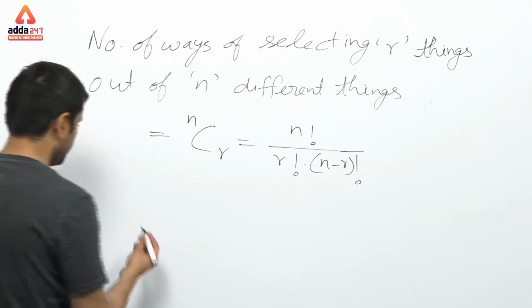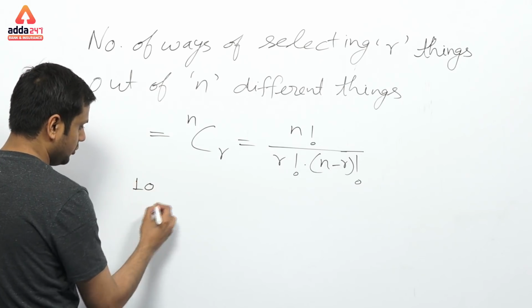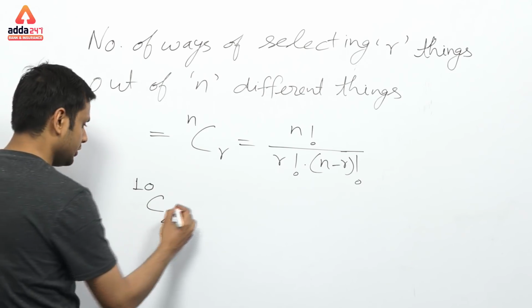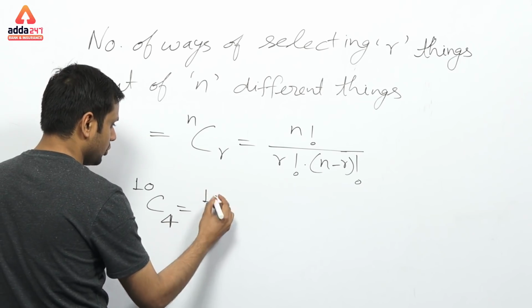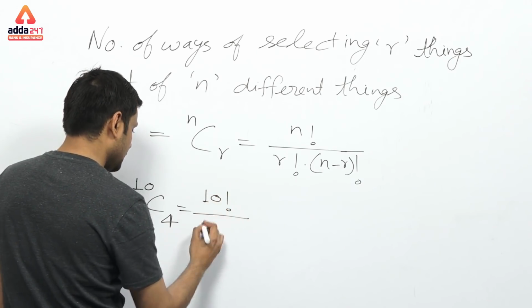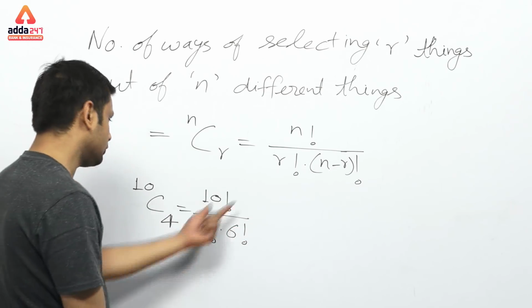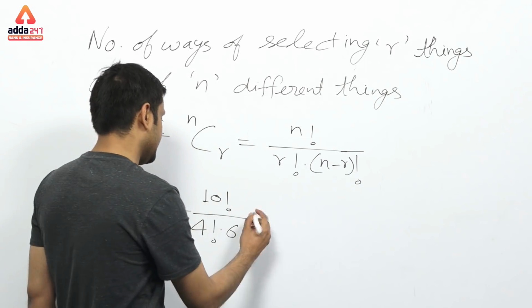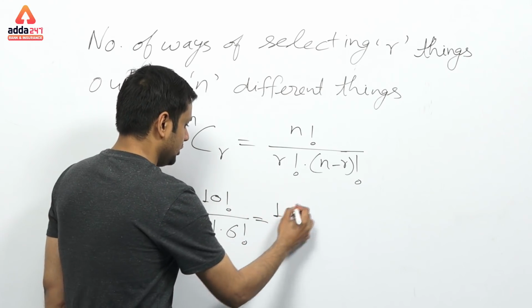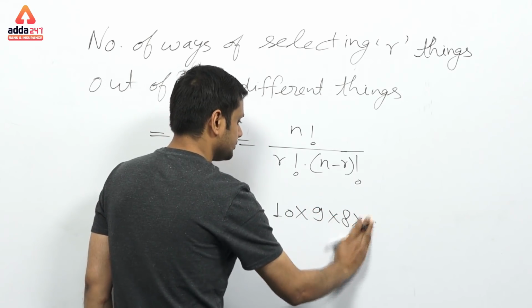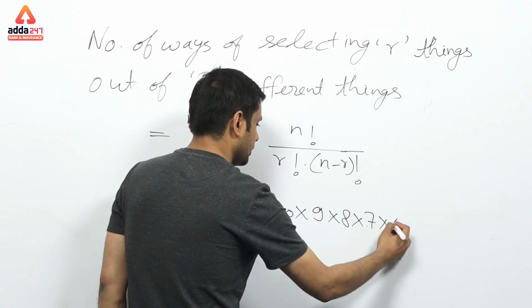So that's the thing here, guys. Let's say out of 10 things you need to select 4 things, right? So it can be done in 10C4, or the value will be 10 factorial divided by 4 factorial into 6 factorial. Basically here I can write 10 into 9 into 8 into 7 into 6 factorial.